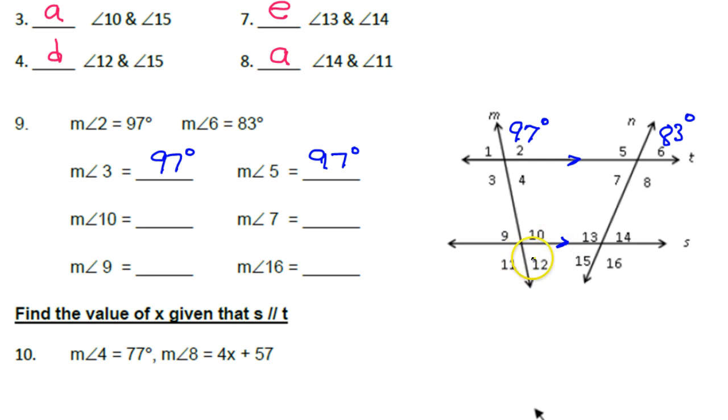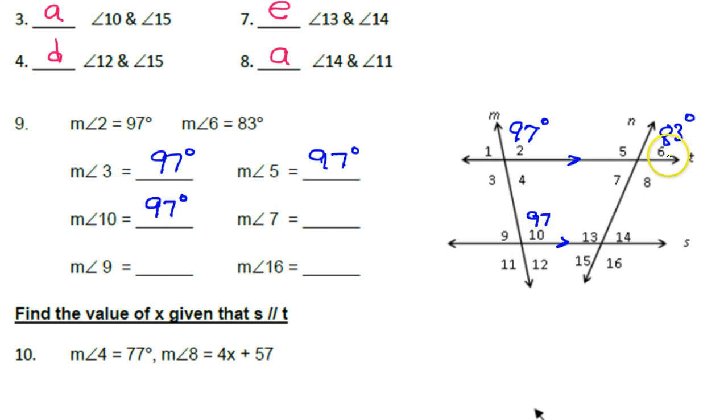If they are parallel, then corresponding angles are equal. Angle 2 and angle 10 are in the same position, both in the upper right-hand corner of the intersection. So that would make angle 10 97 degrees. Maybe I'll just fill that in right here.